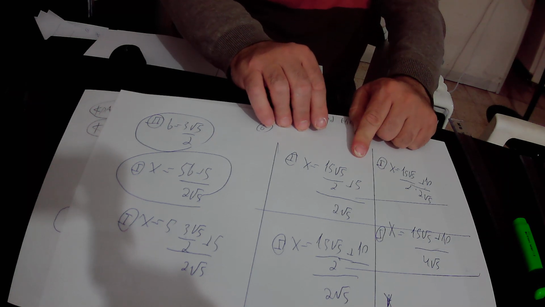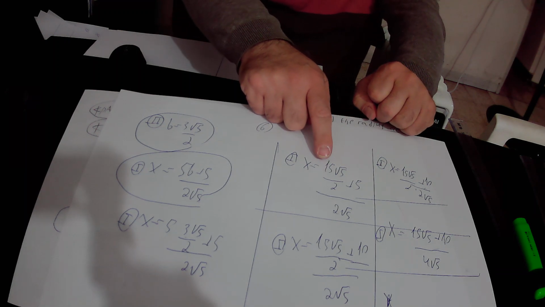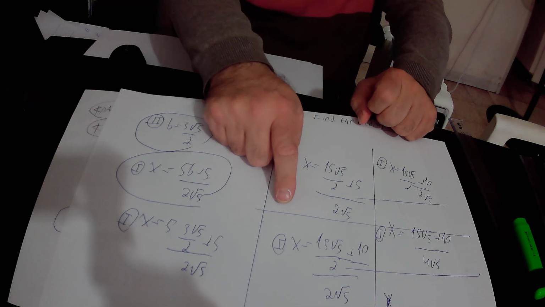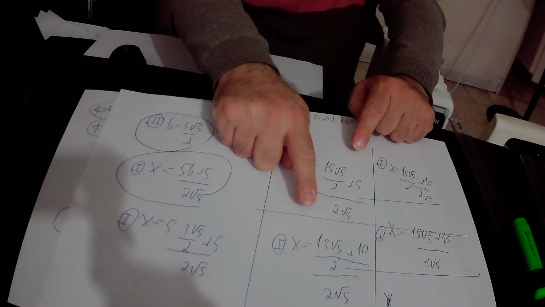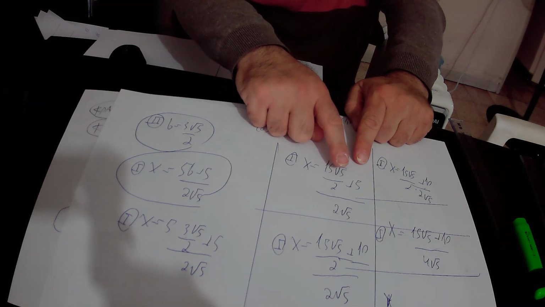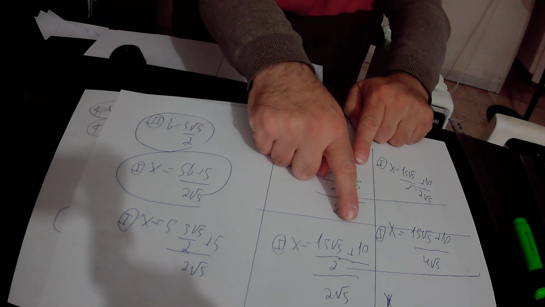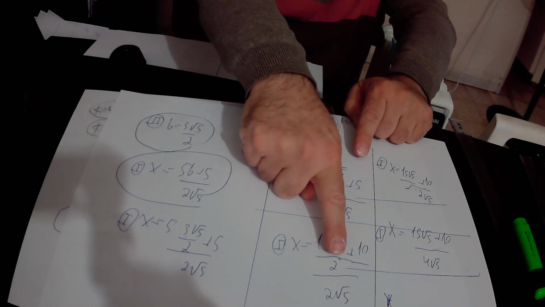Here we multiplied 5 by 2 and then divided by 2 in order to have a common factor of this expression. So in total we found out that x equals 15 times square root of 5, and 5 times 2 is 10, divided by 2. So we multiplied 5 by 2 and divided by 2, so we changed nothing. So it is 5 times 2 is 10 over 2, all divided by 2 times square root of 5.